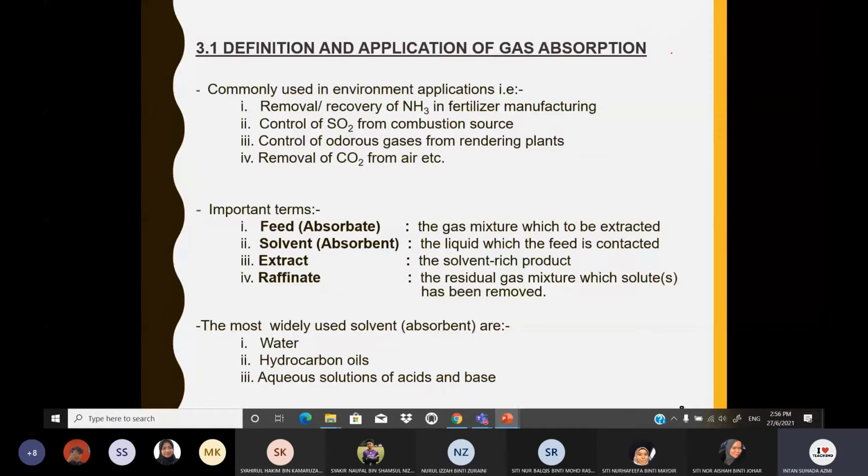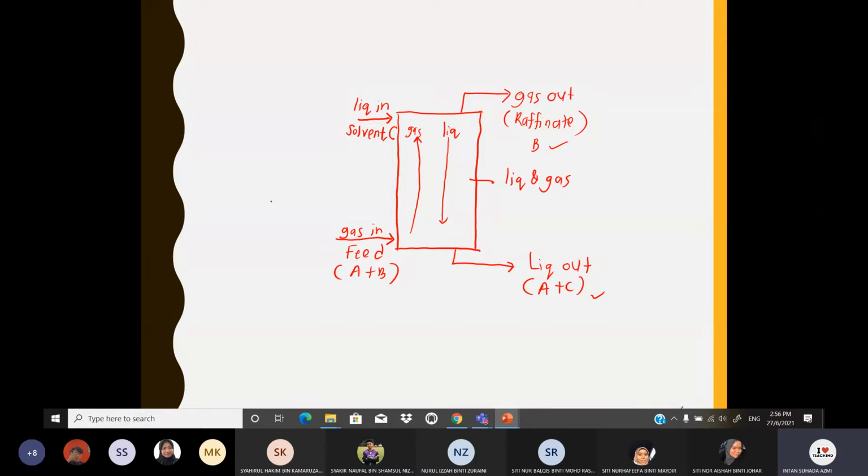I have drawn here, right? So this will be your feed, and the solvent, which we denote as absorbent. Your liquid out has more component A. So same as LLE, we call this the extract, and this one is the raffinate.